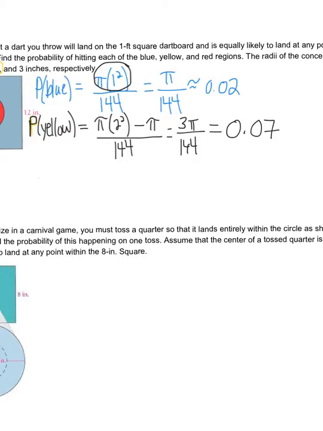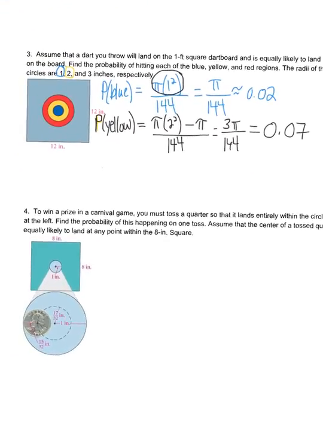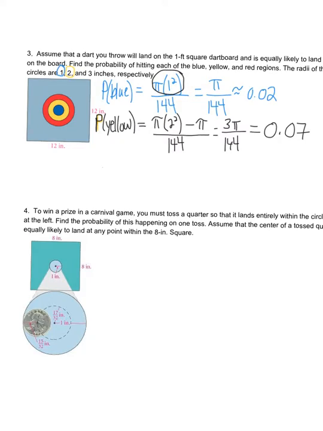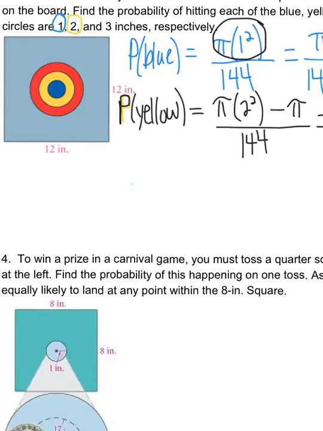Now, the last one asks for the probability of hitting the red region. If I think about how I can find the red region's area, I know that I'm going to have to find the area of the red circle, but subtract off the area that I don't want, which would be the area of the yellow circle.